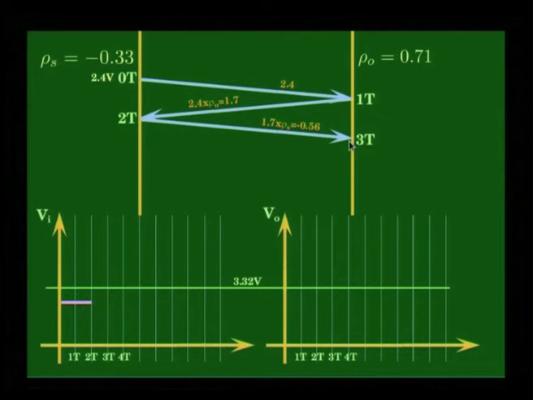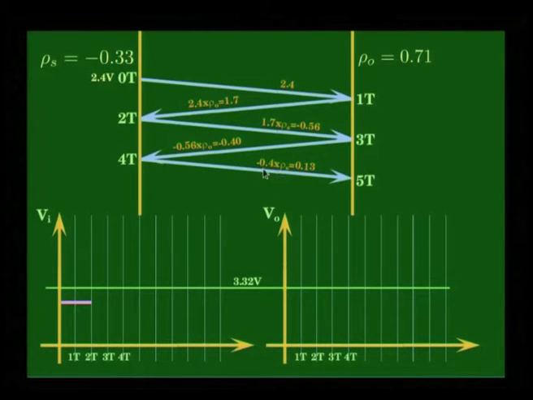Again it gets reflected, and it gets multiplied, minus 0.56 into rho naught, which gives minus 0.4, and then this further gets reflected here, minus 0.4 into rho s as minus 0.13, and reaches here at 5 t, and so on. It keeps going, decreasing, ultimately it will go to 0 exponentially, asymptotically.